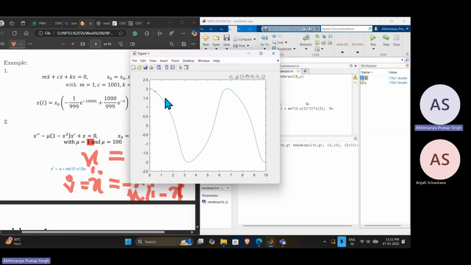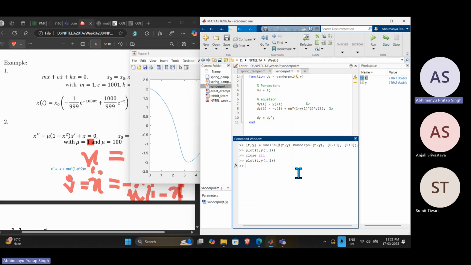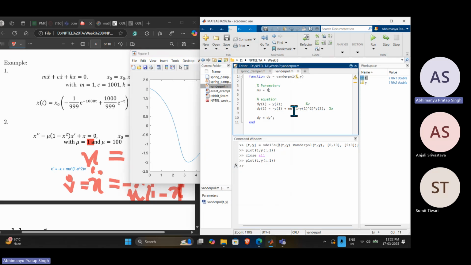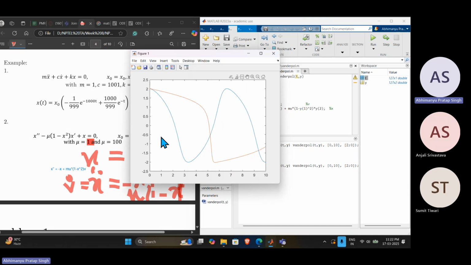Yeah. So this is for mu equal to 1, it's similar to a sinusoidal, but a skewed sinusoidal wave only, right? If I increase mu to say 5 and I run it again and plot it, so now it is still a little bit skewed, but the transients are still there.